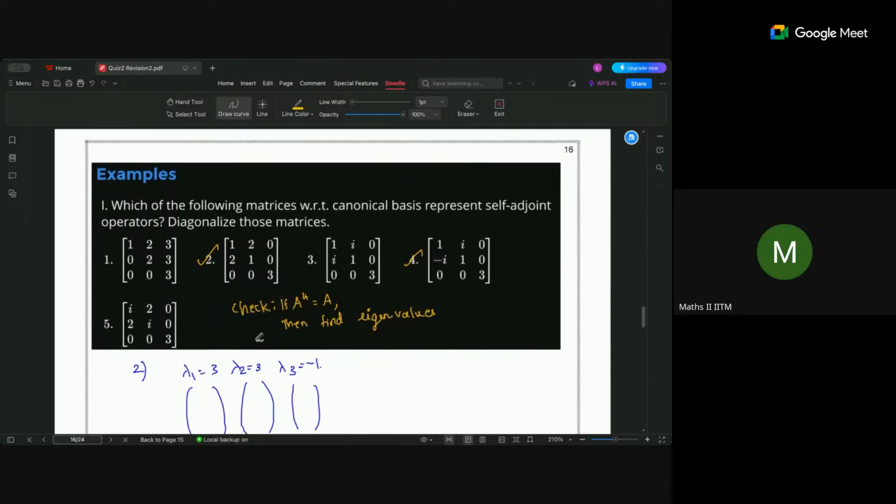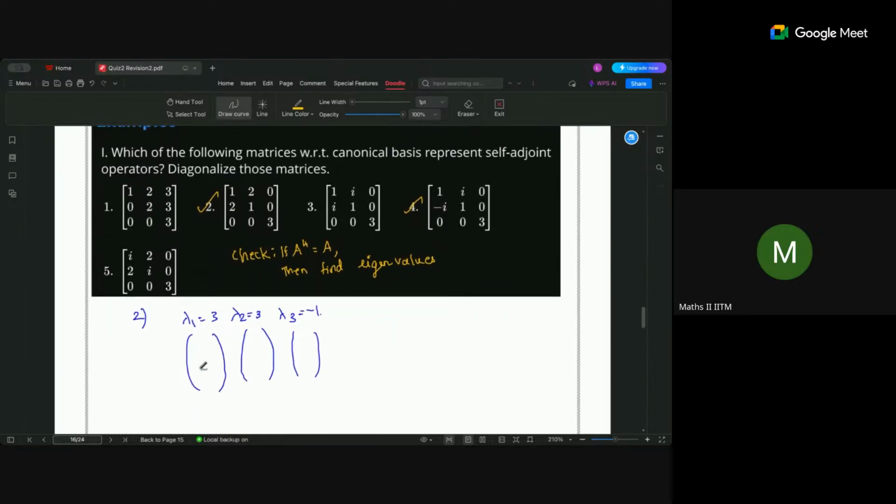So how do you diagonalize these matrices? You find the eigenvectors, whatever eigenvectors you find here, and you write them as the columns of your matrix P. So let's call them v1, v2, v3. Then you can write P as [v1, v2, v3].